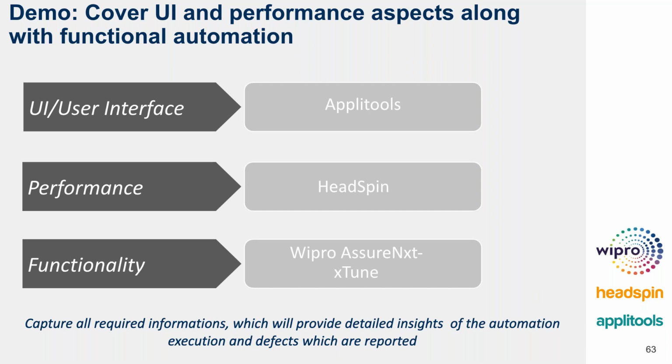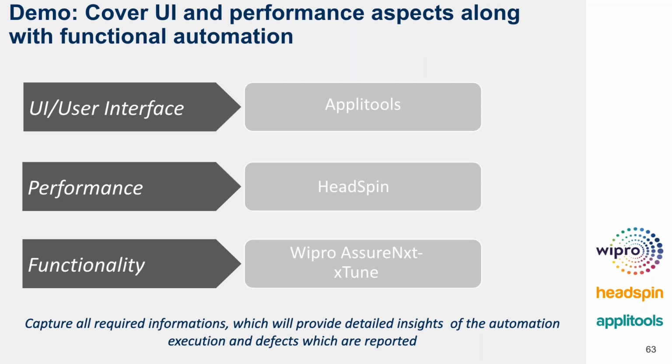We will also showcase how you can introduce real-world network conditions into your automation, which will enhance your automation quality as well. So we are leveraging the industry-leading tools out there in the market to achieve this. We are leveraging Applitools, the industry leader in automated UI testing, for UI automation. We are leveraging Headspin, the industry leader in mobile app testing, which provides real-world devices in real conditions and performance analysis from real-world devices.